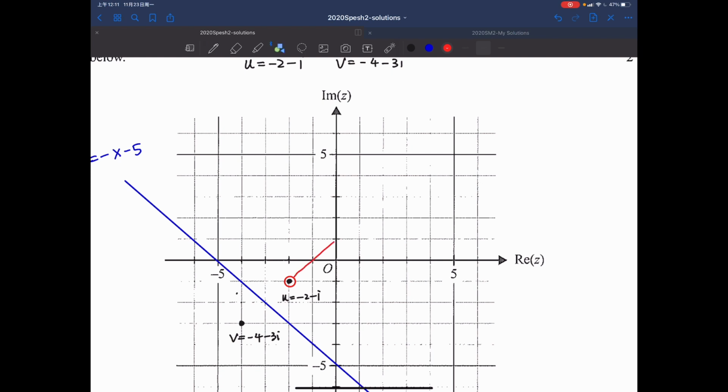For example, there we go. So this is my argument z minus u equal to pi on 4. And you could use a dashed line to label this angle here, which is pi on 4, okay? If you don't mind, indicate here. Minus 2 minus i is excluded on the ray. Okay? Finished.